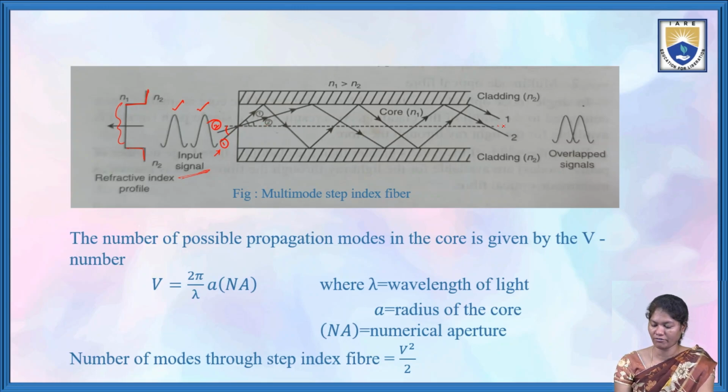This is the fiber axis. So light ray 1, making a larger angle with the fiber axis while entering into the core, gets multiple reflections, more reflections.